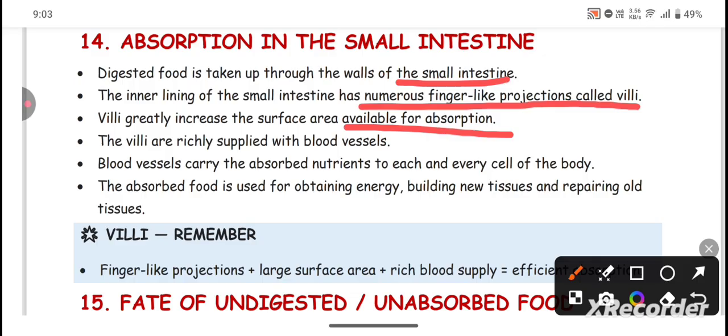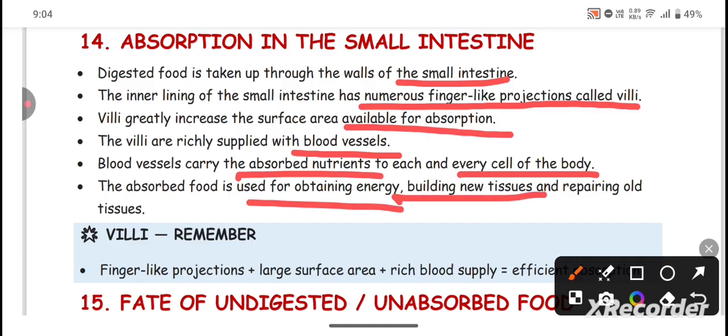The villi are richly supplied with blood vessels, and the blood vessels carry the absorbed nutrients to each and every cell of the body. The absorbed food is used for obtaining energy, building new tissues, and repairing old tissues. So this is how absorption of food takes place in the small intestine by the crucial structures known as villi.